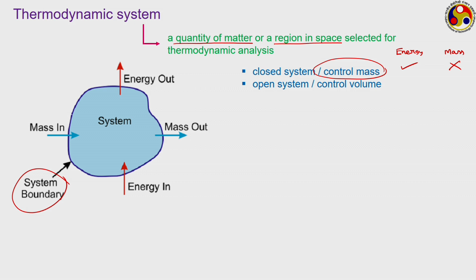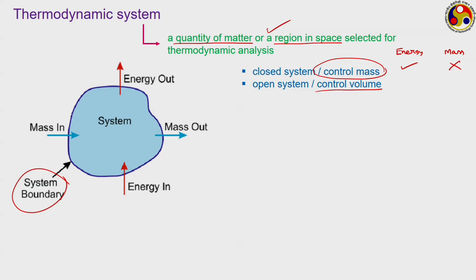The other one is the open system, where we take the second definition, a region in space, where we identify a region and perform the analysis for that given space. Accordingly, we often call them a control volume system, because we are often talking about a fixed volume in space.